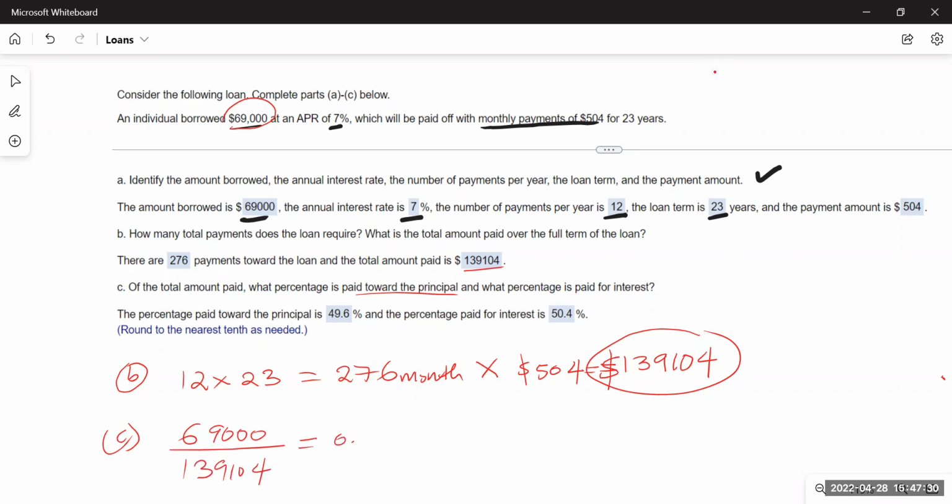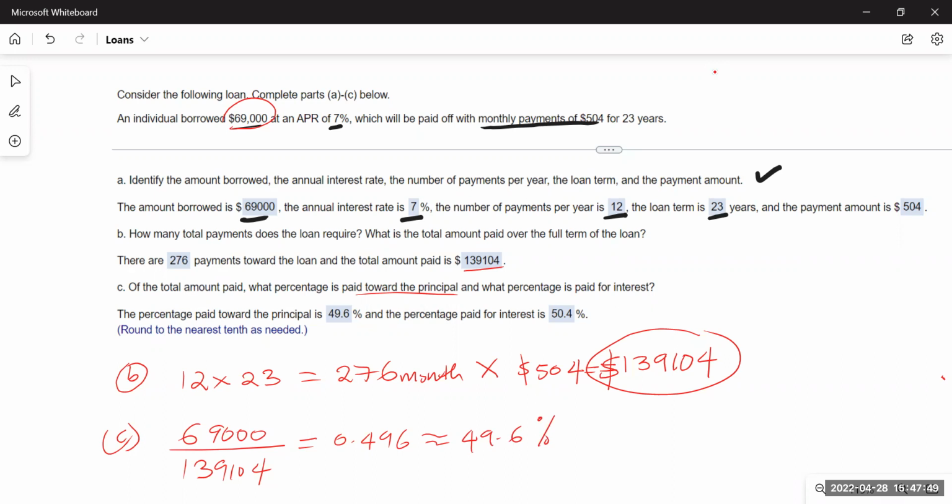And this should give you 0.496, approximately, which is 49.6%. So that is how much was paid towards the principal.